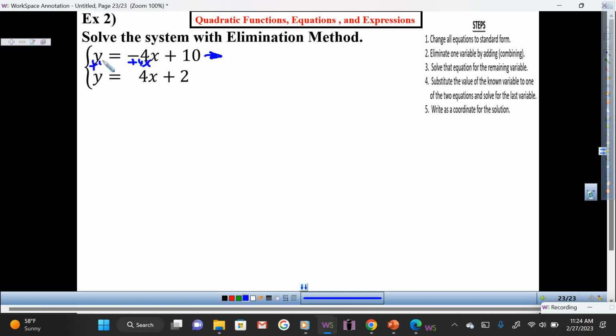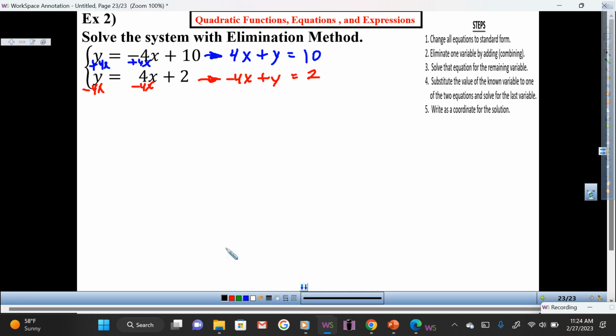You add 4x to both sides, and that gave you what? 4x plus y equals 10. All right? How about the second one? What did you do, JP? Uh-huh. So we end up with what? Hands if you got up to right there.